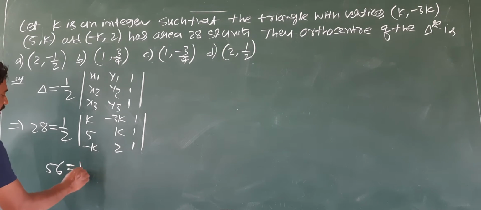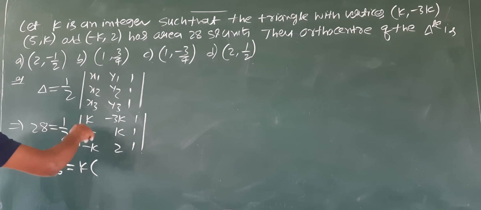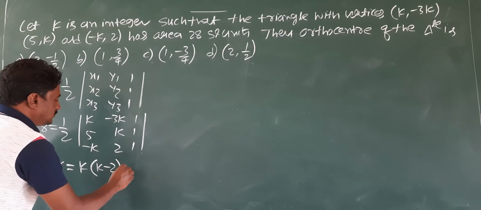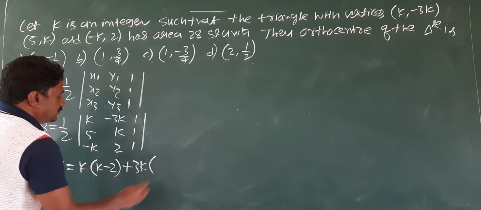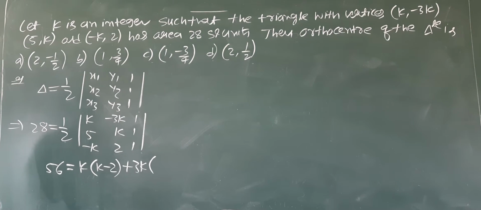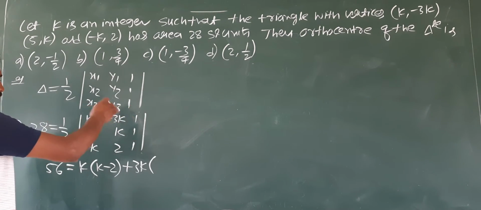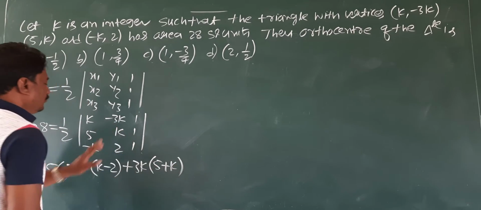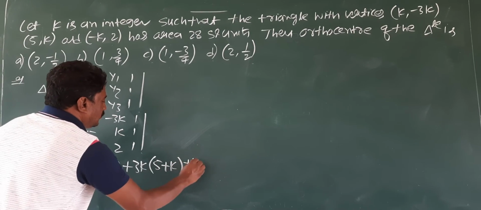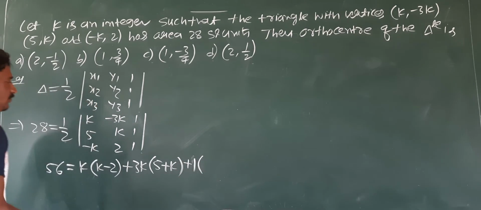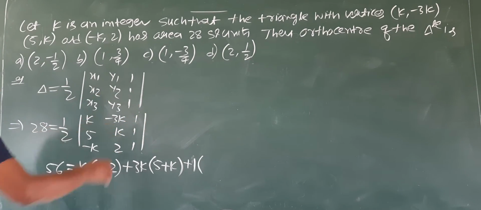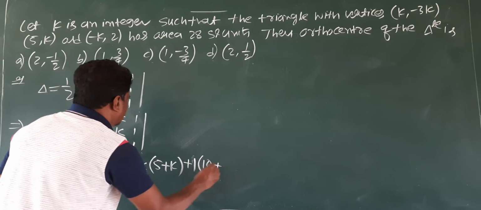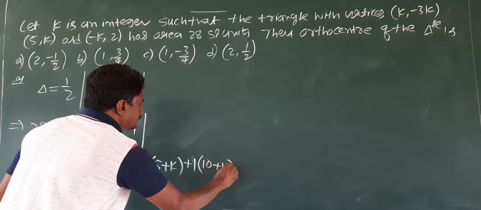Expand this, students. k into k minus 2, minus of minus plus 3k into 5 plus k, plus 1 into 5 twos are 10 minus of minus plus k into k square.